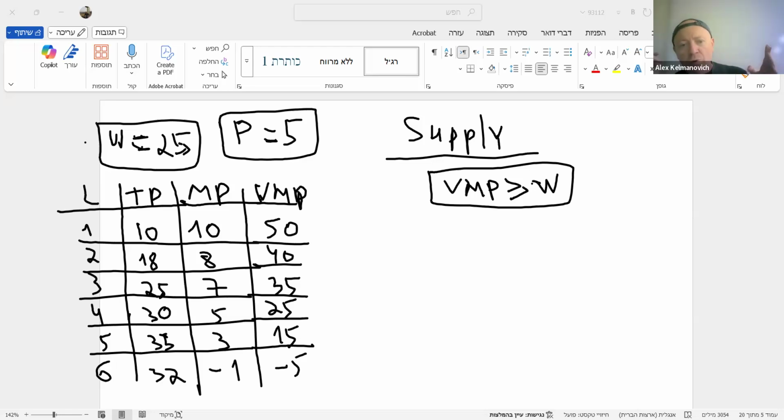For sure. The second labor, 40. Will we take him? Yes. Also. The third one, 35. Yes. Okay. The fourth labor, his VMP is 25 and the wage is 25. So it gives zero. Yes, exactly. We don't lose anything and don't earn anything, right?